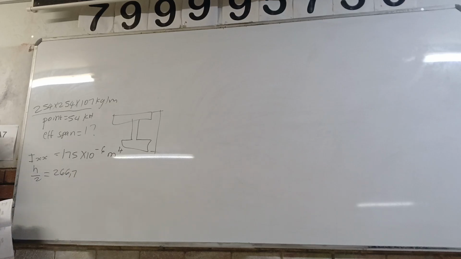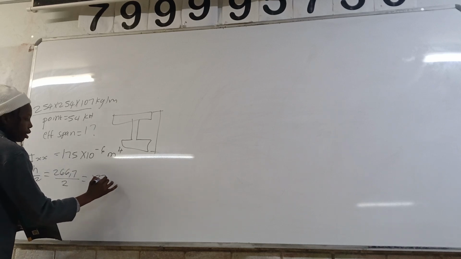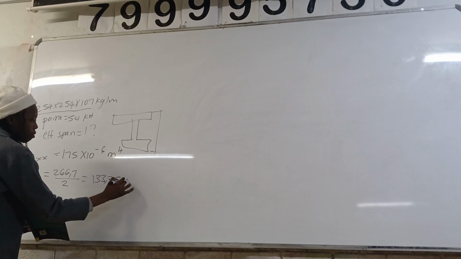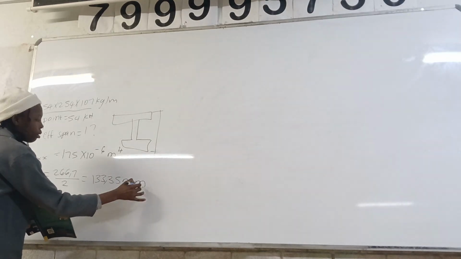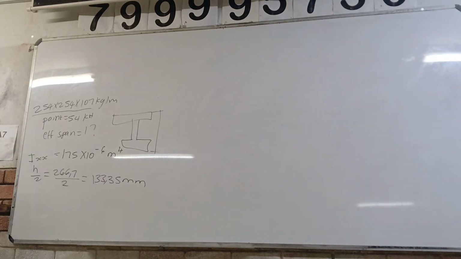We don't want H, we want H divided by 2, so we divide by 2. We get 133,35 millimeters. This is how you answer the question.